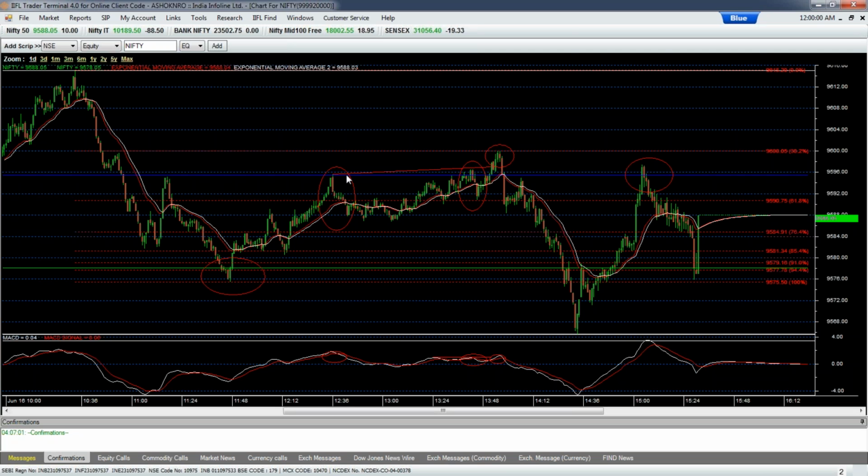Afterwards it is again going to hit the resistance level, and over here it is a low, right? This is a low as well, and it is a low over here, it is a low over here, it is a high over here, it is a high over here. It is following the trend.